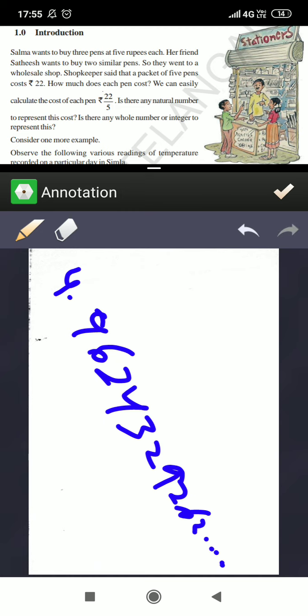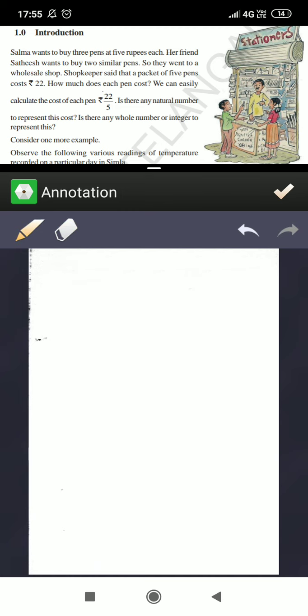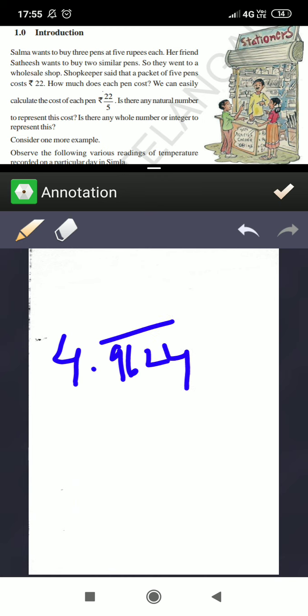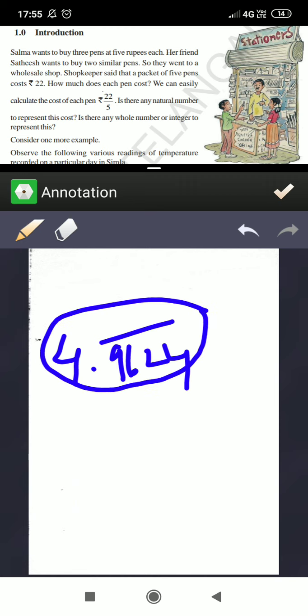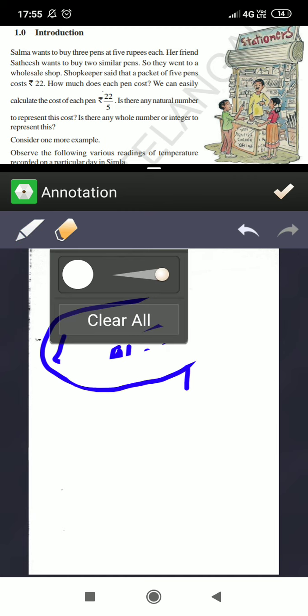This type of decimals are known as non-terminating, non-recurring decimals. Whenever they repeat in an order like 4.9624 bar, that is 9624 9624 9624 and so on, we get periodicity, and we will discuss those in our next session.